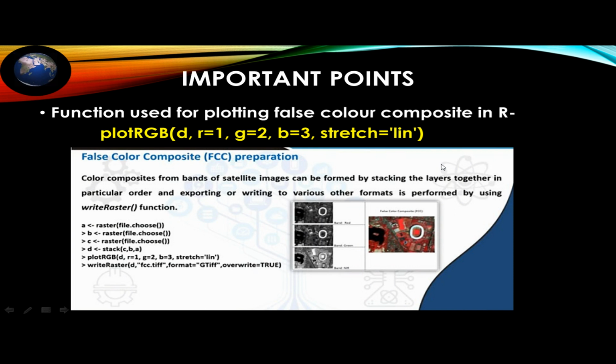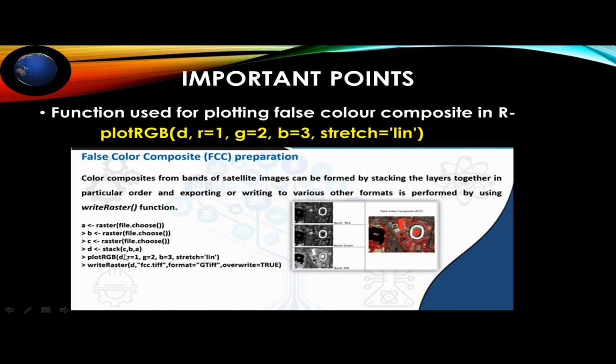The function used for plotting a false color composite: as I have shown you how to do the stack and change the color by going to the band property table, similarly in R, how will you do it? You have three imagery of different bands, like raster A speaking about one band, B imagery speaking about the next band, and C imagery showing the raster of another band.